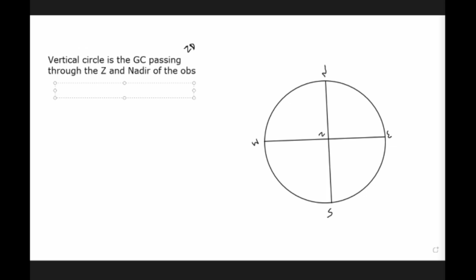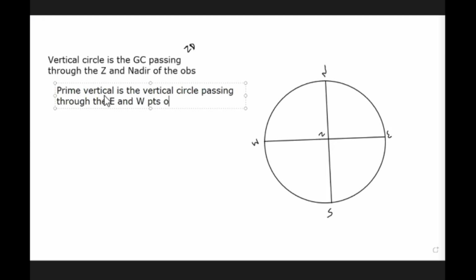Prime vertical is the vertical circle passing through the east and west points of the observer.